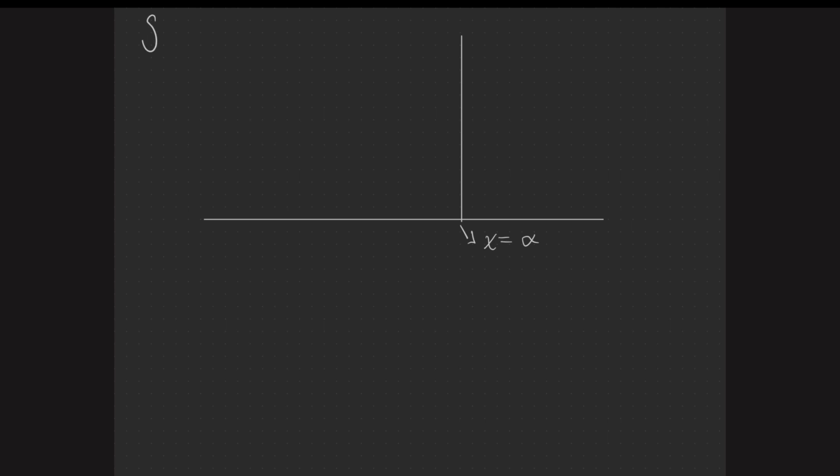And this is the graph of the Dirac delta function of x minus alpha. So at x is equal to alpha, there's a spike that is infinitely tall, but the area under that spike is equal to exactly 1.